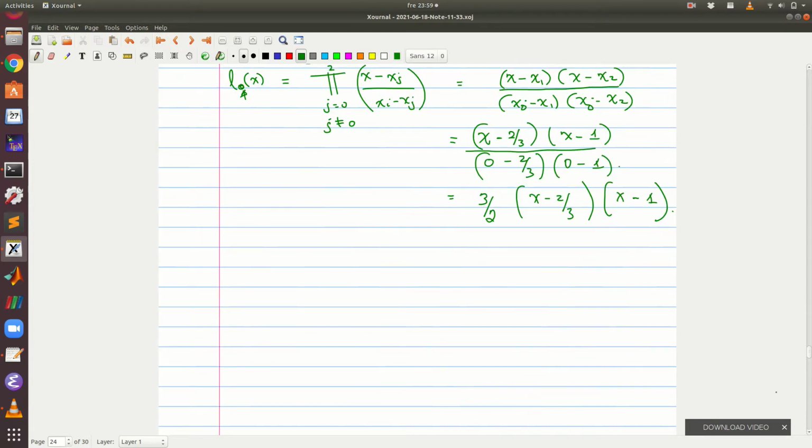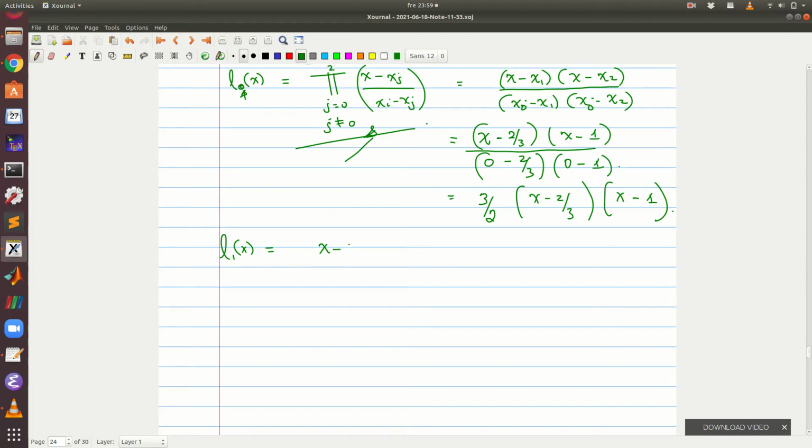Okay, so similarly we shall use the same way we have done to find L1 of x. Now L1 of x, we don't need, I just wrote this one here since we are doing this for the first time, but for now you can notice that L1 of x, we are going to write x minus, we are simply going to exclude x1.